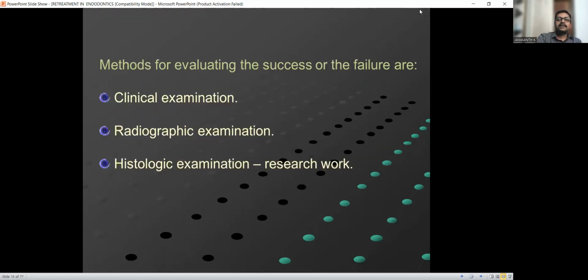Methods for evaluating success or failure are clinical examination, radiographic examination, and histologic examination. The third method is still in the status of ongoing research work.